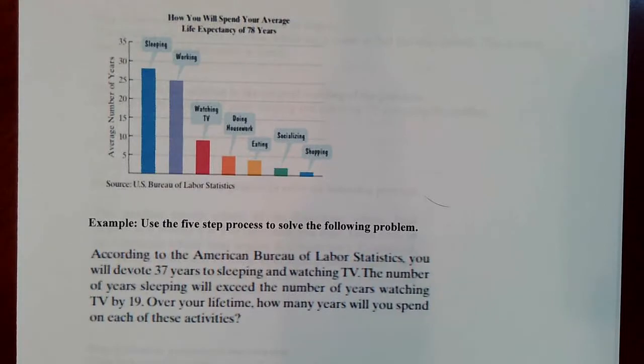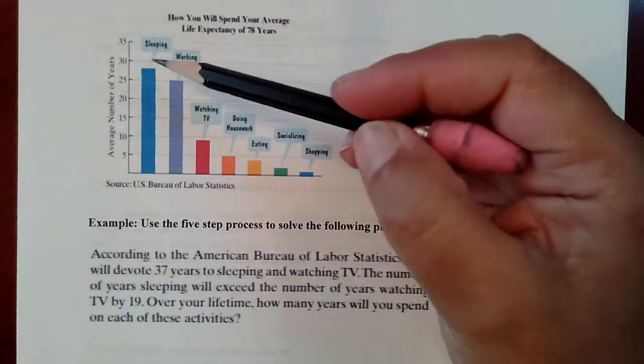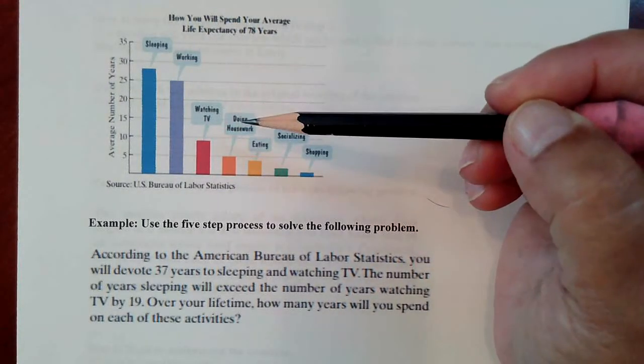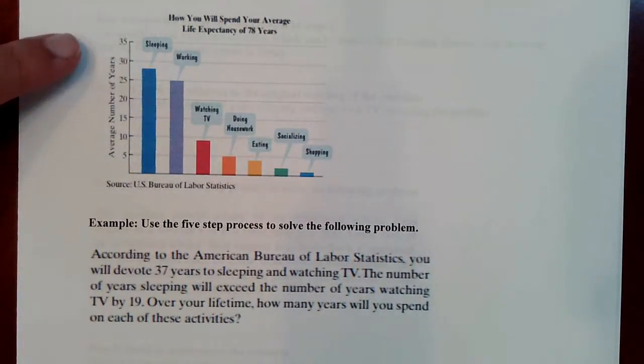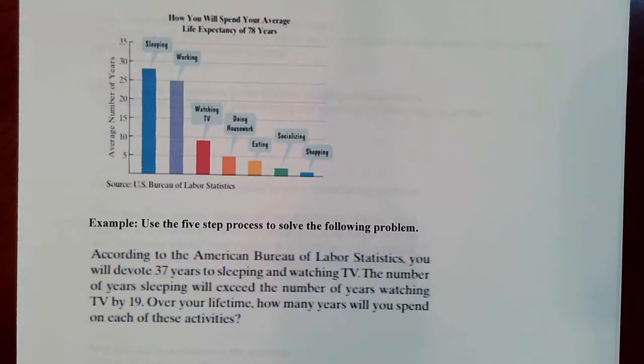Okay, so your first scenario concerns various activities that people spend throughout their lifetime, and they talk about in this diagram the activity of sleeping, working, watching TV, doing housework, etc. And you can see how this is labeled. Number of years, the average number of years that you spend doing that activity during your lifetime.